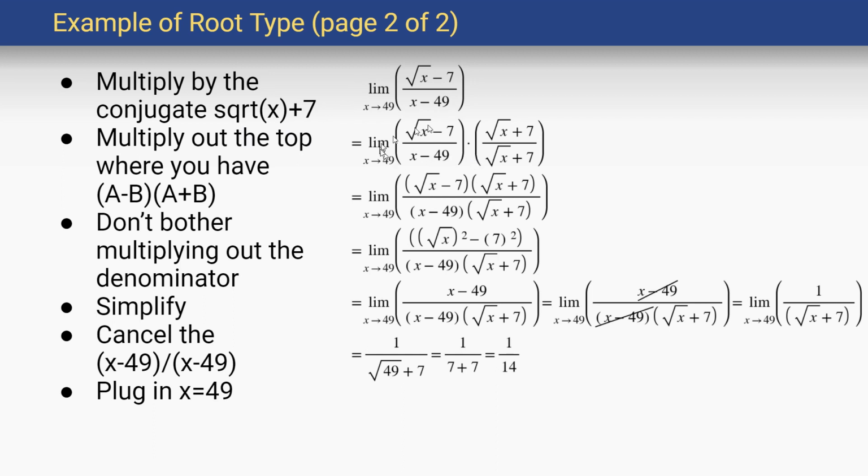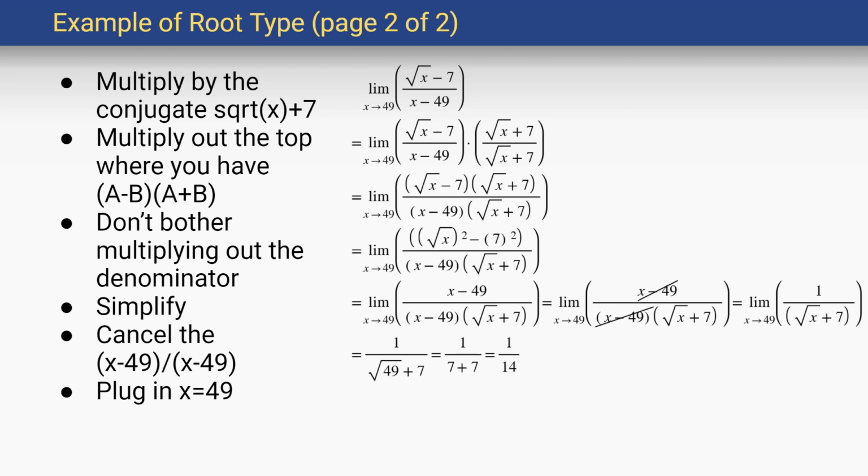So you multiply your original thing by square root x plus 7 over square root x plus 7. That's what we usually call multiplying by the conjugate. You can write both of these terms in one fraction. In the numerator, you've got square root x minus 7 times square root x plus 7. In the denominator, you have the original denominator, x minus 49, and the new conjugate, square root x plus 7.